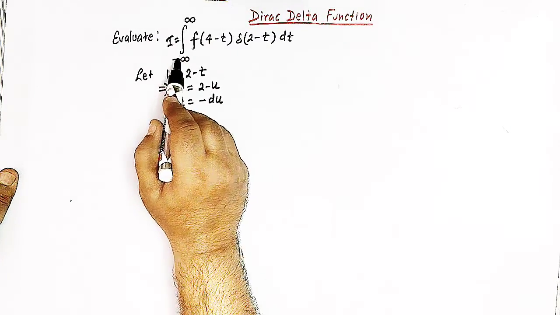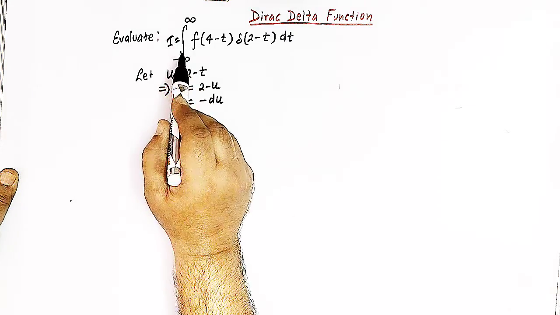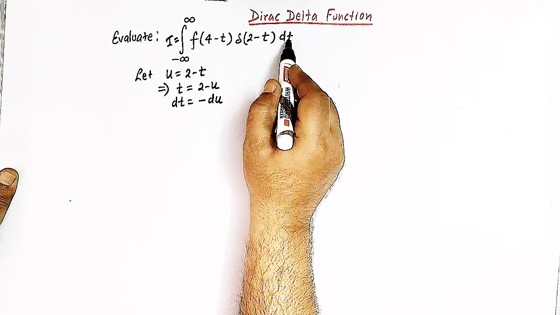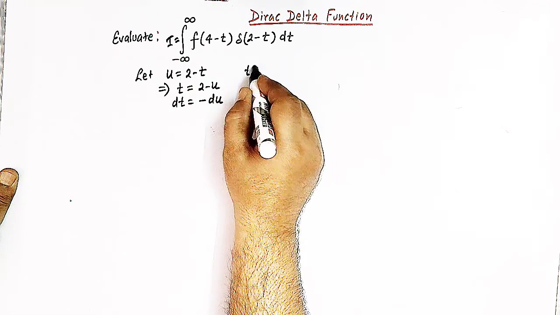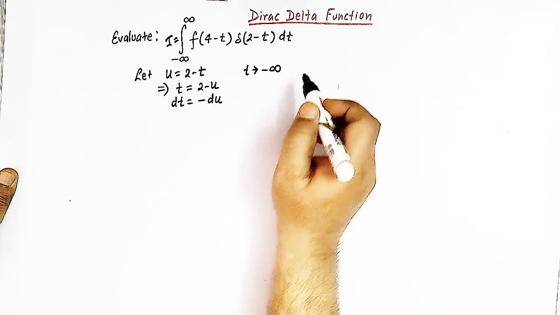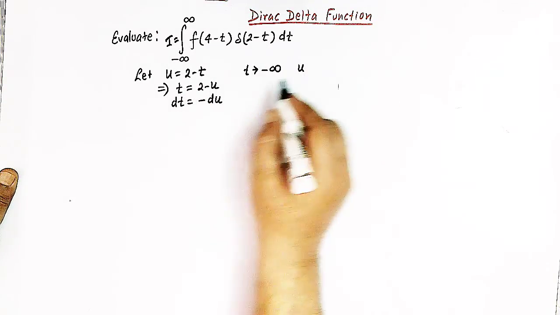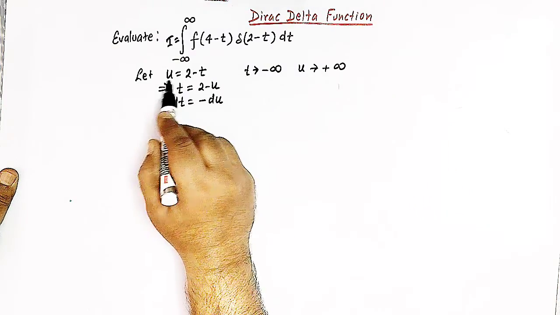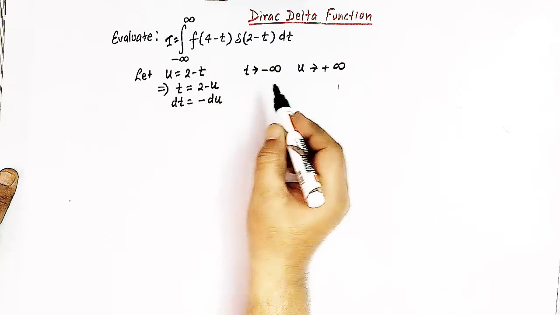Okay, now see here, the limits of integration vary from minus infinity to infinity. So when t tends to minus infinity, the value of u tends to positive infinity, right? Because u is equal to 2 minus t.